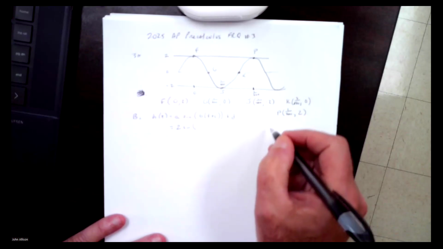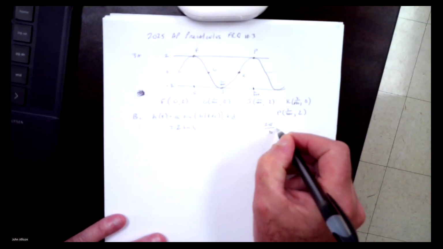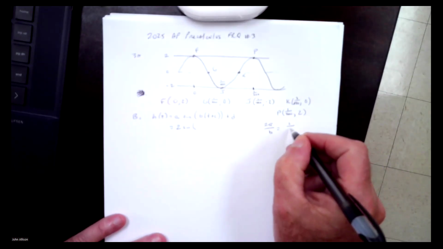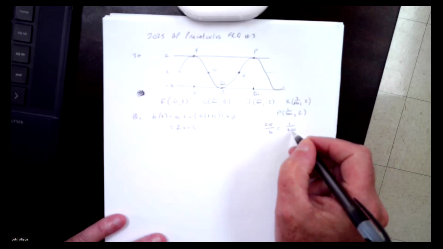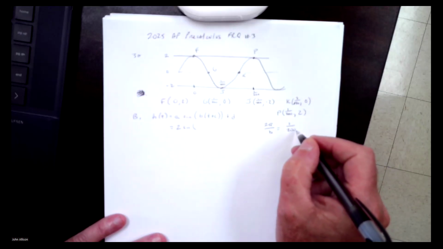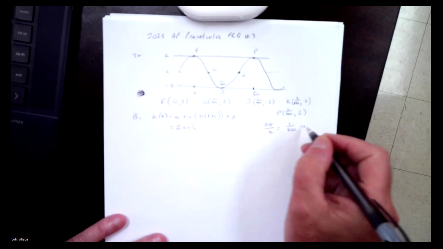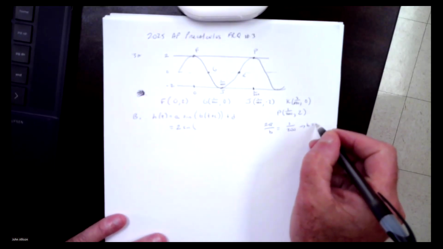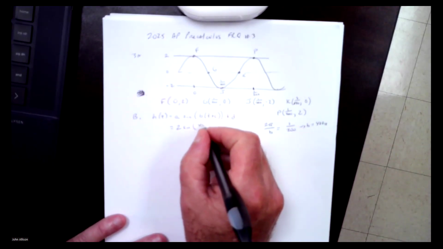Fine. We know that 2 pi divided by B is the period, and the period is 1/200. So we're going to solve that by cross multiplying, or you can multiply by 200 B, but we're going to end up with B equals 400 pi. Ooh, who would have guessed that?